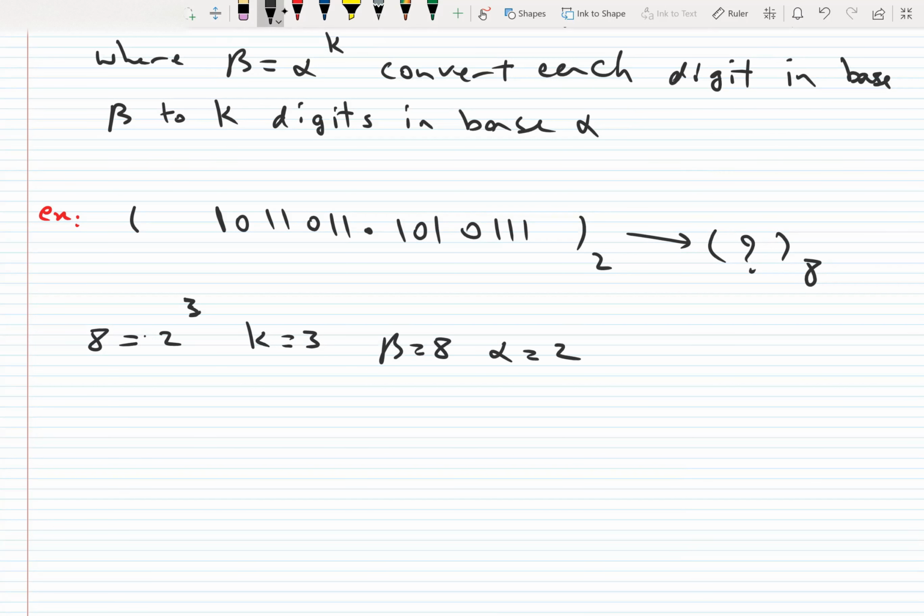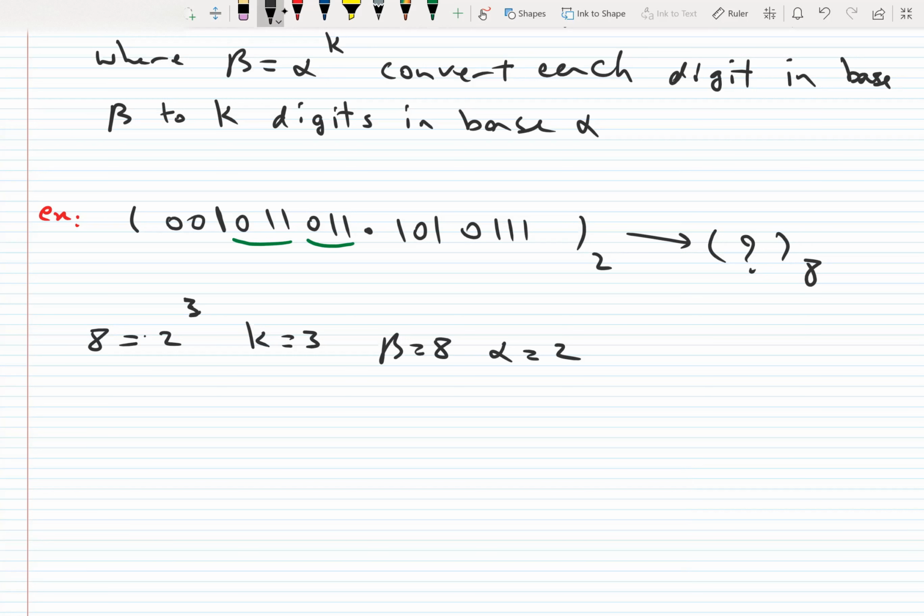In order to convert, because we're converting from lower base to higher base, we need to group the digits in groups of k, which is 3. So we group them like this, in groups of 3. We have only one digit for the last group, so we add zeros to the left of the integer part.